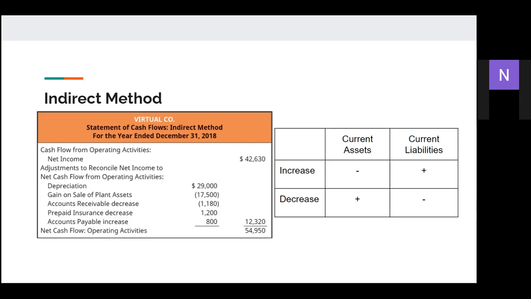Ina-add natin ang depreciation kasi kapag ang expenses is overstated, yung profit is understated.